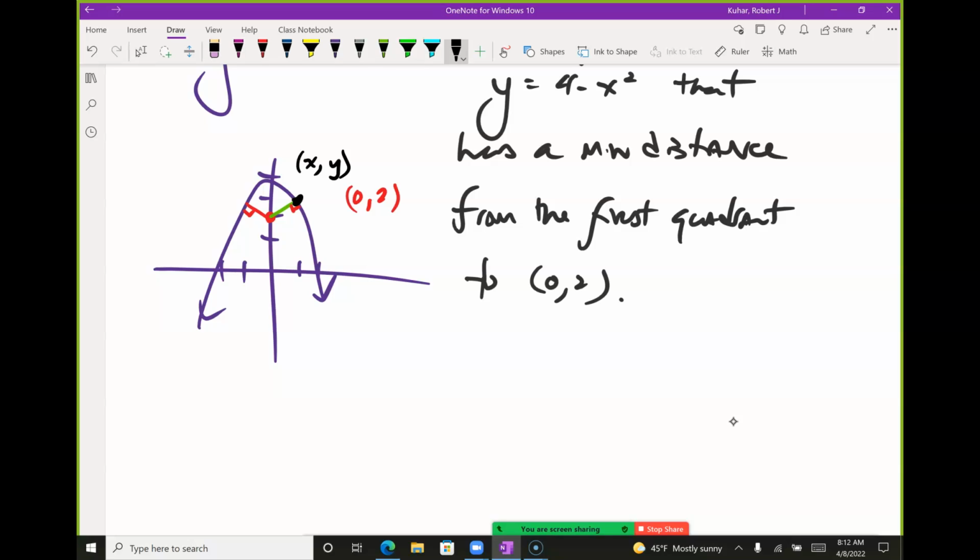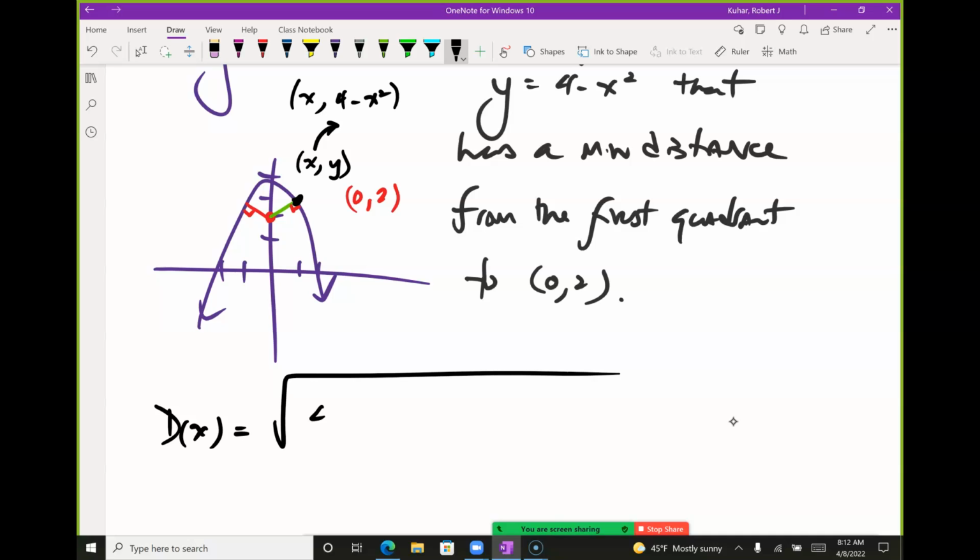So it's really (x, 4 minus x squared). And we're using our distance formula for our minimizing function, right? So (y2 minus y1) squared, (4 minus x squared minus 2) squared, plus (x2 minus x1) squared, (x minus 0) squared. Everybody with me?